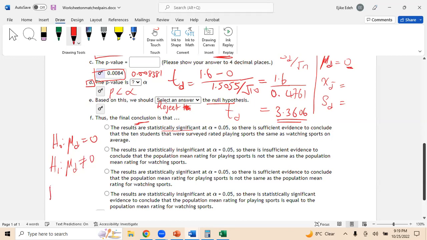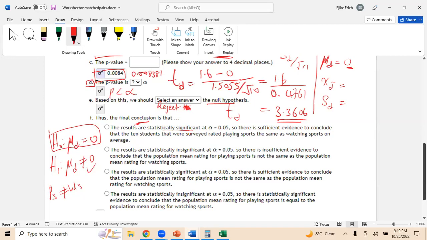You're comparing playing sports versus watching sports, and you're saying they are not the same. They are not equal. They are different. So let's read this again. It says the results are statistically significant at alpha of this, which is true. So therefore, there is sufficient evidence. Since we rejected this, right? You are supporting this. Take note of that.